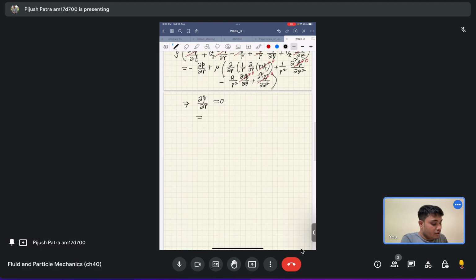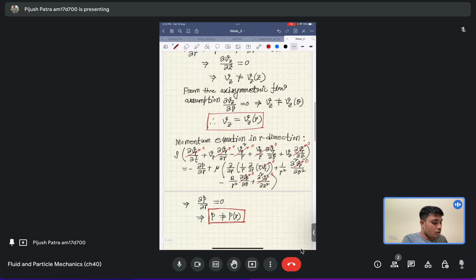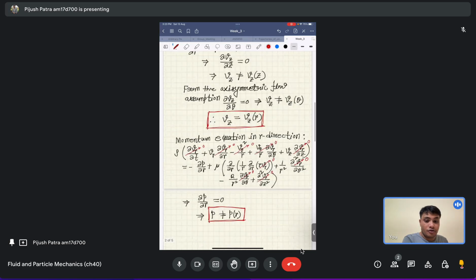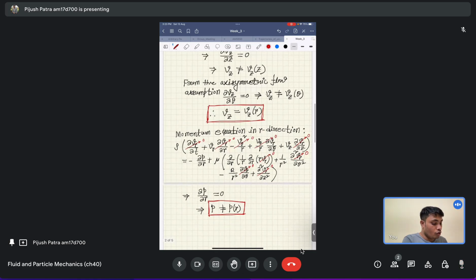That means p is not a function of r. This is the simple conclusion from the r momentum equation. So far we have drawn two conclusions.